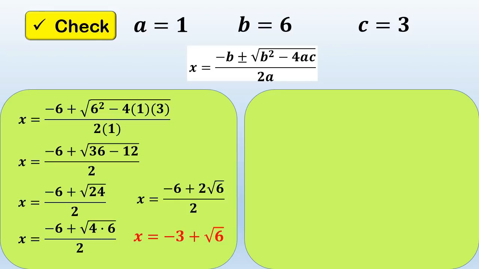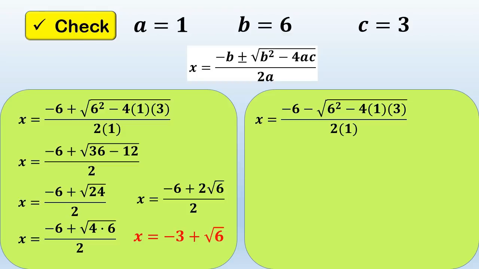Next, let's use the negative sign. Substitute the values we have here. Negative 6 minus square root of 6 squared minus 4 times 1 times 3 over 2 times 1.